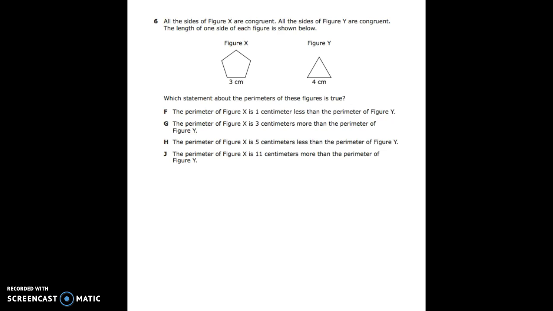F, the perimeter of figure X is 1 centimeter less than the perimeter of figure Y. G, the perimeter of figure X is 3 centimeters more than the perimeter of figure Y. H, the perimeter of figure X is 5 centimeters less than the perimeter of figure Y. Or J, the perimeter of figure X is 11 more centimeters than the perimeter of figure Y.